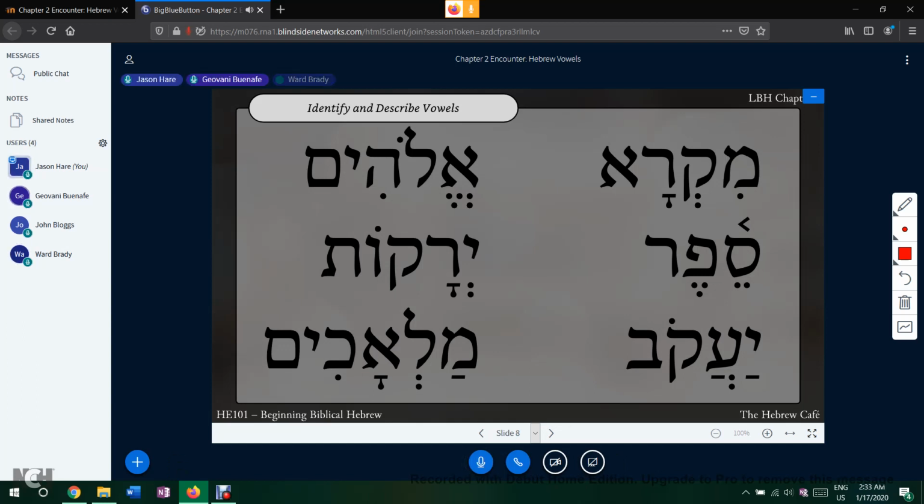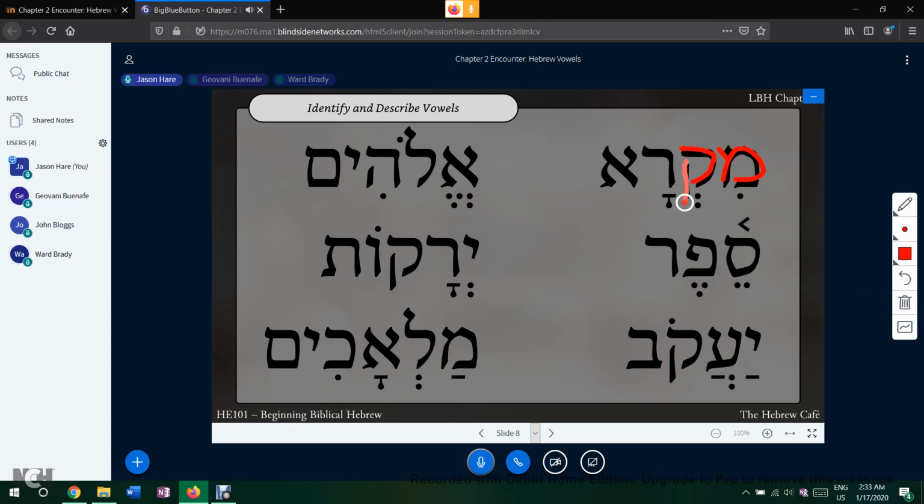Like you said, we need to see examples. So let's look at examples of how to read some words. Okay? This word here, we're going to start here because in Hebrew you start on the right. This word means scripture. Let's look at how to read it. This letter is Mem.